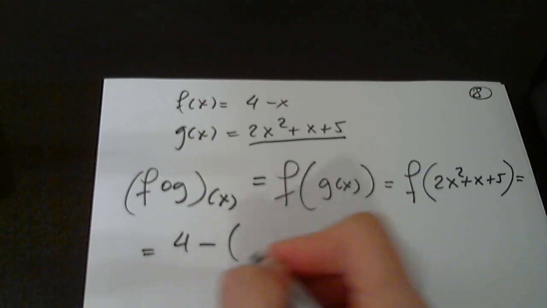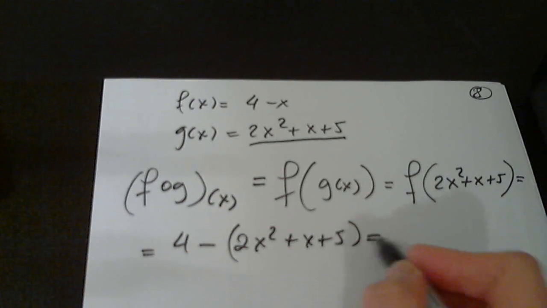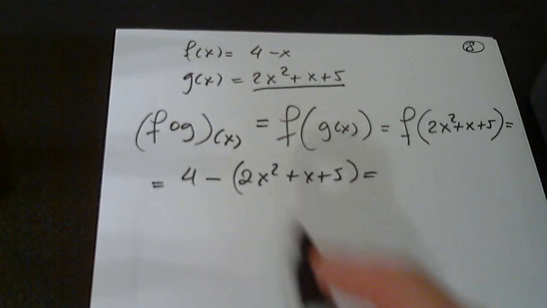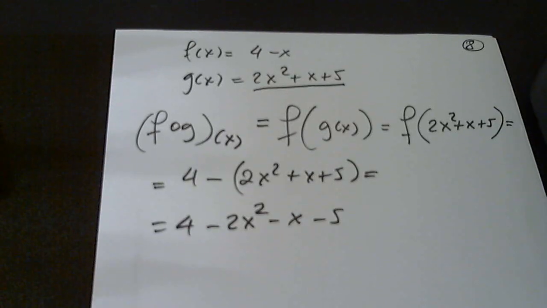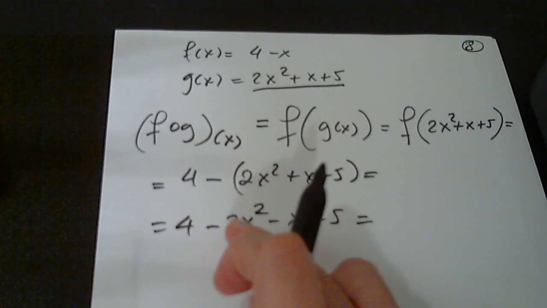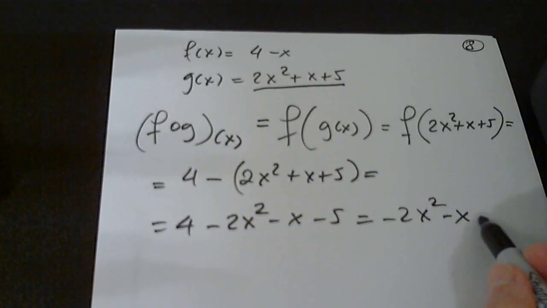4 minus, I'll write in parentheses so you can see what happens next. Of course, I have to distribute. 4 minus 2x squared minus x minus 5. I have to rearrange it in the correct order, descending order. First negative 2x squared minus x, and then minus 1.